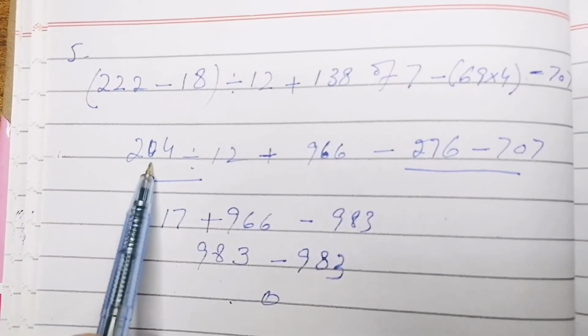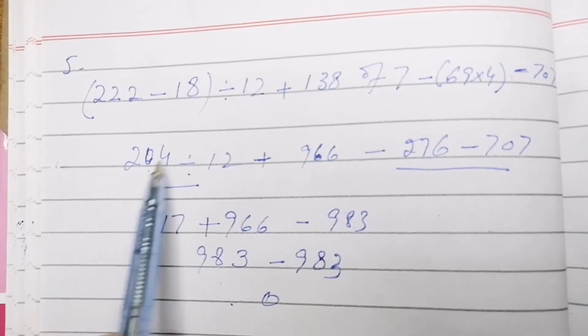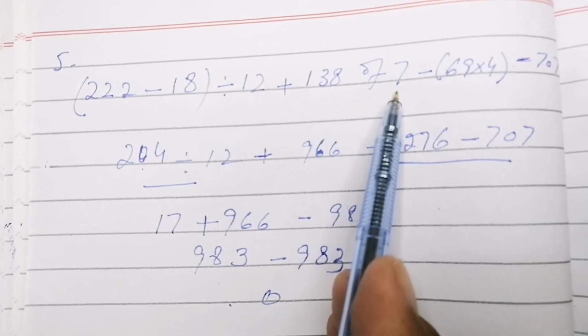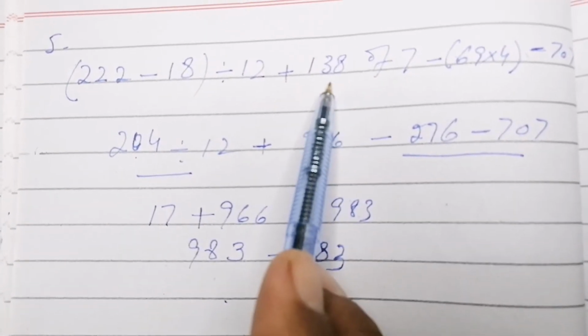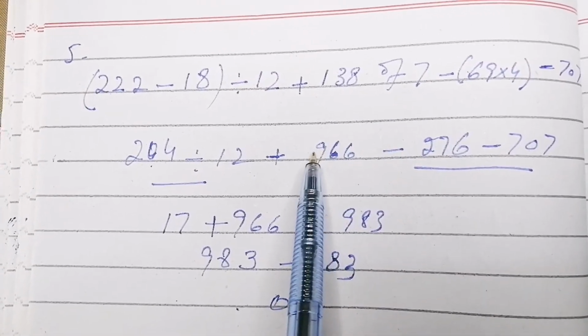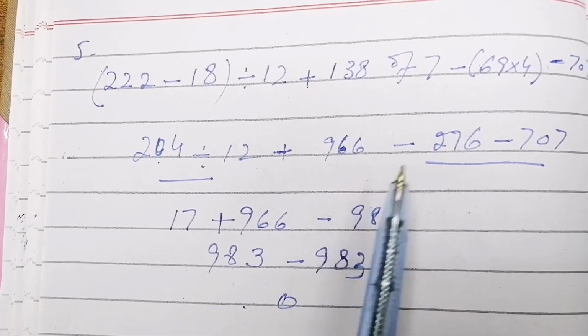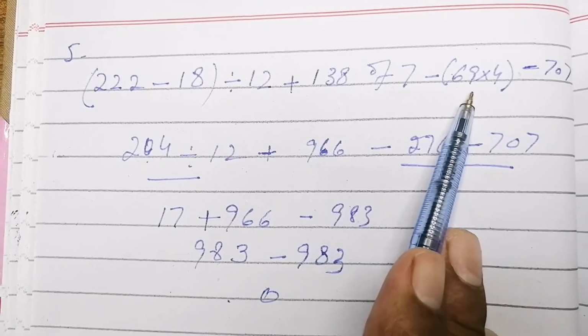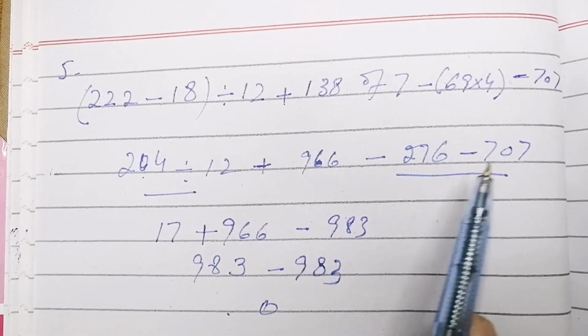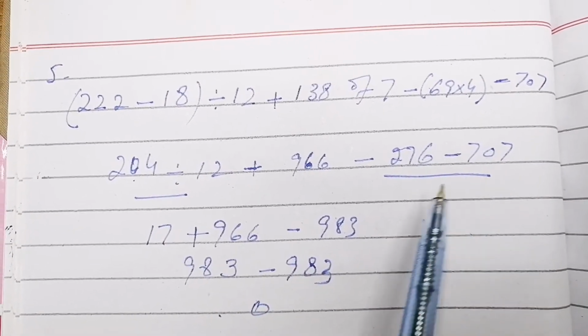Solve the bracket, simply subtract this, and you will get 204. Then you solve this 'of', 138 multiplied by 7, 7 8s are 56, 7 3s are 21 plus 5 is 26, 7 1s are 7 plus 2 is 9, so 966 by multiplying this, and then you multiply this number in the bracket also, you get 276, and 707 as it is.